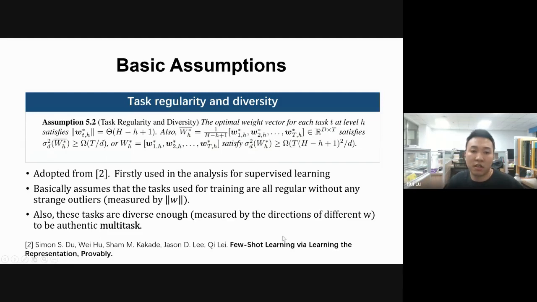To achieve authentic multitask training, these W's for different tasks should be diverse. What does diverse mean? Roughly speaking, they should spread evenly in the d-dimensional space, and this is characterized by the smallest singular value of the matrix if you concatenate them all together.